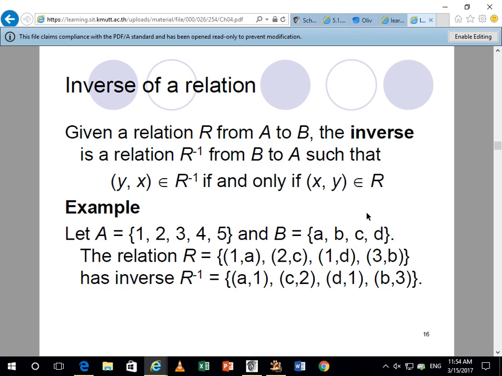So this is an example that you can have a relation that is not a function, but the inverse is indeed a function. Yes, that's possible. And conversely, of course, the opposite is possible. You can have a function, with this relation, but the inverse of this relation, which is this, is not a function. That's also possible.